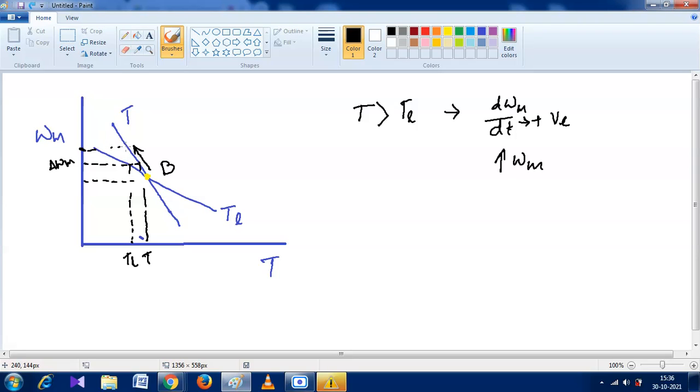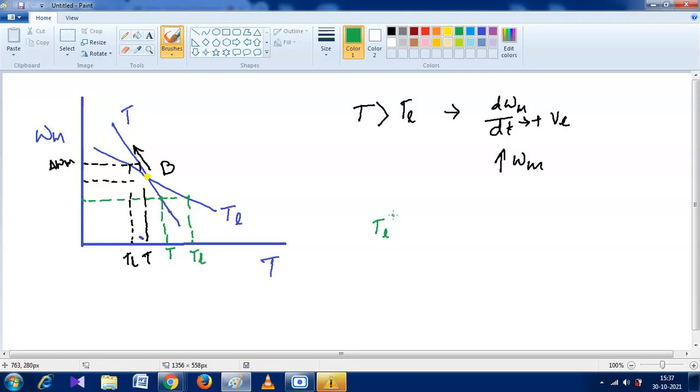Now suppose we are decreasing speed from the equilibrium point. If we decrease the speed from equilibrium point, what will happen? This is the machine torque and this is the load torque. If we decrease the speed from the operating point B, which torque is greater?